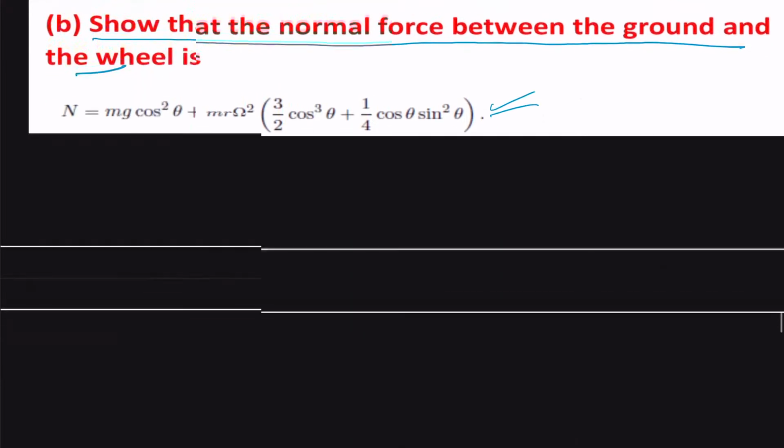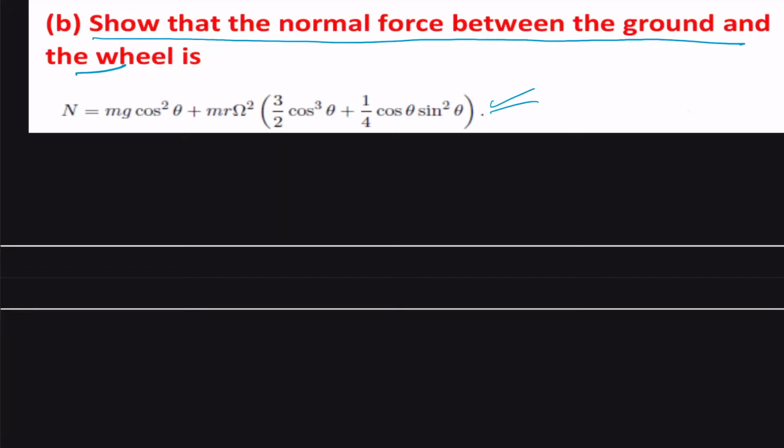So first of all, let me draw the figure. In this case, we are given a wheel or disc, and its center is connected, or we can say pivoted, to a point, and this angle is given as theta, and the radius of the wheel is given as r, and it is also rotating about the pivot point.